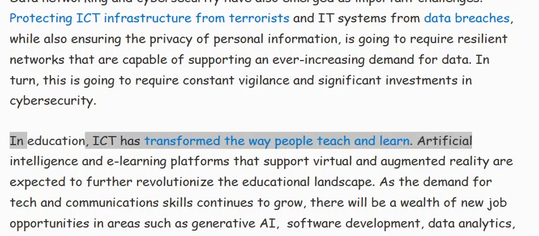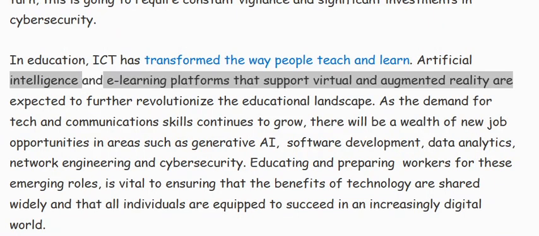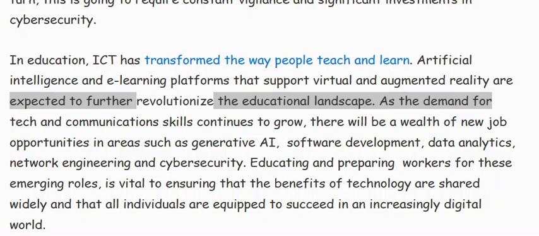In education, ICT has transformed the way people teach and learn. Artificial intelligence and e-learning platforms that support virtual and augmented reality are expected to further revolutionize the educational landscape.